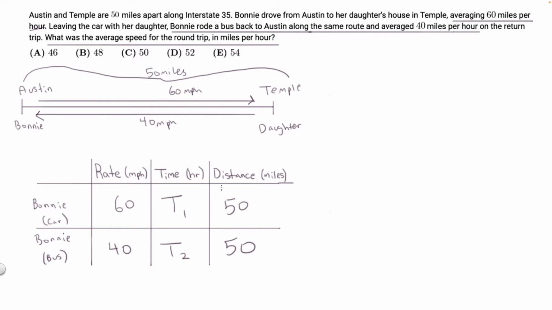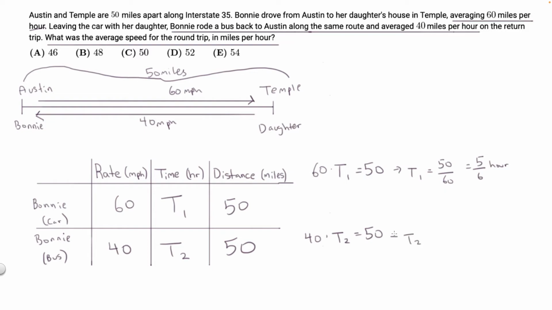Then distance equals rate times time, so we multiply the rate and time, which equals the distance. So we have 60 times T1 equals 50, and 40 times T2 equals 50. So T1 equals 50 over 60, which is 5/6 of an hour.